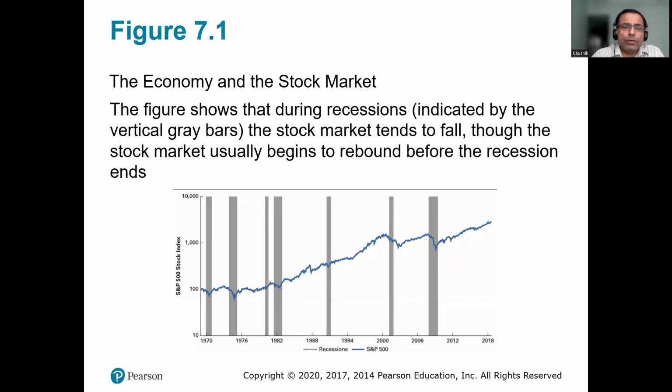And we notice that the stock markets in particular tend to decline before recession begins, and they tend to rise again before recession ends. So this is an important information which we will find helpful.